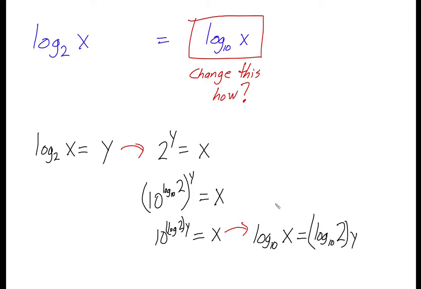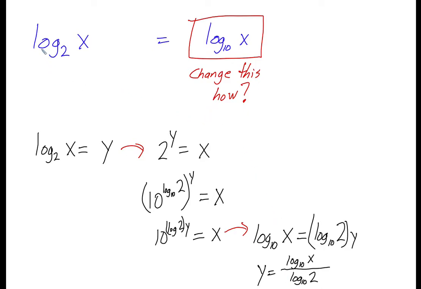Well, remember our goal was to find out what y is equal to. So let's just divide both sides by this coefficient. Divide both sides by the log base 10 of 2. And what we find out is that y equals the log base 10 of x divided by the log base 10 of 2. So let's put this in a nutshell.